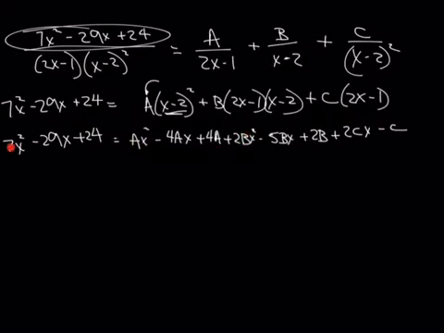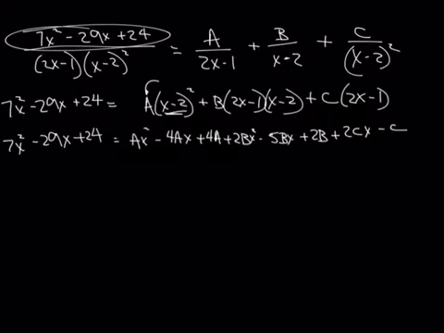Our 4Ax, negative 5Bx, and 2Cx relate to the term with just an x. So 24 is just going to be 4 times A, because A is just a number, 2B, and the negative C. Okay?